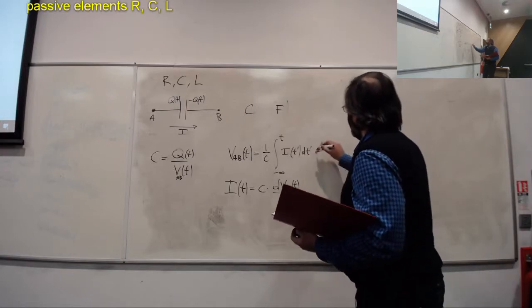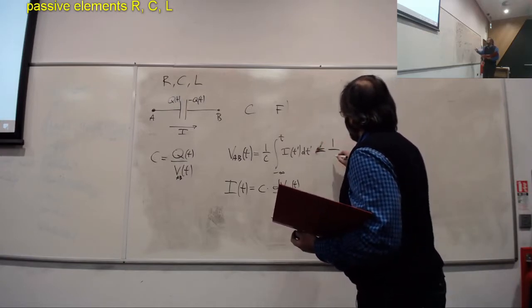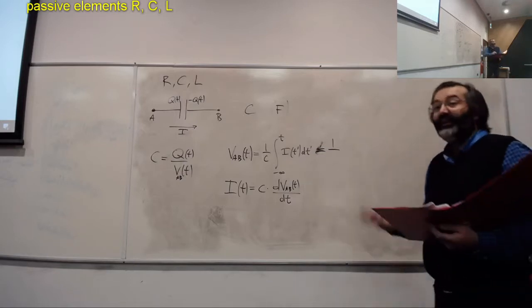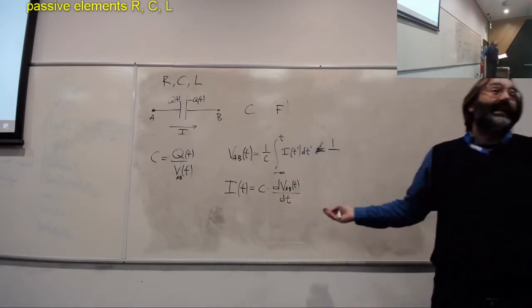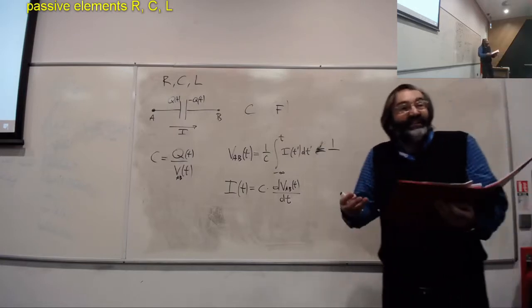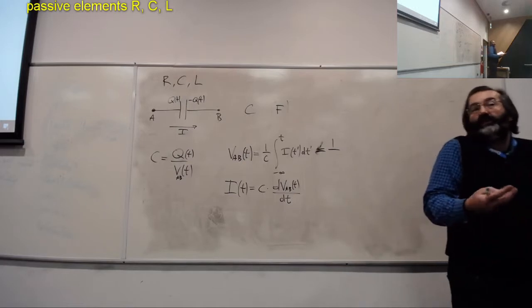If for us time starts at t equals 0, and whatever happened before is the past, this means that we need to take this into account by using what we call initial conditions.